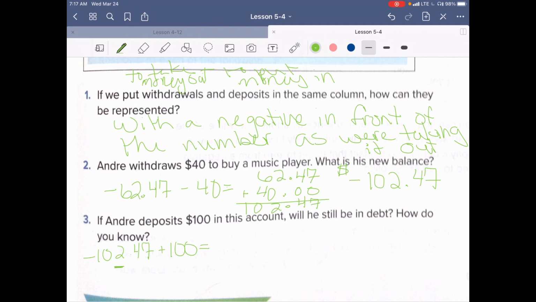Because there's a number greater on this side, the larger the number, it is still going to be negative. So he'll have left over $2.47. So yes, he will still be in debt. And he will owe $2.47.